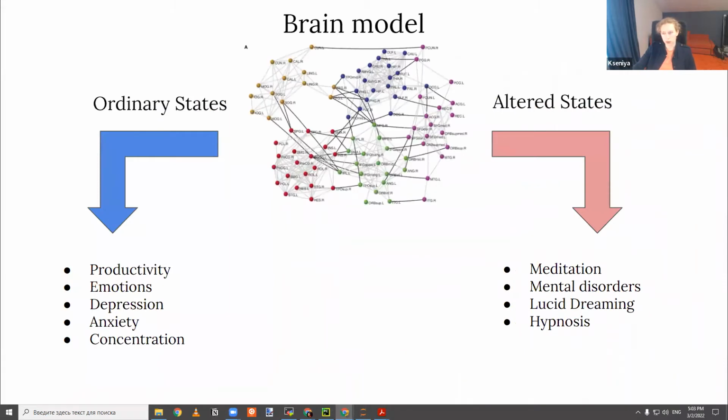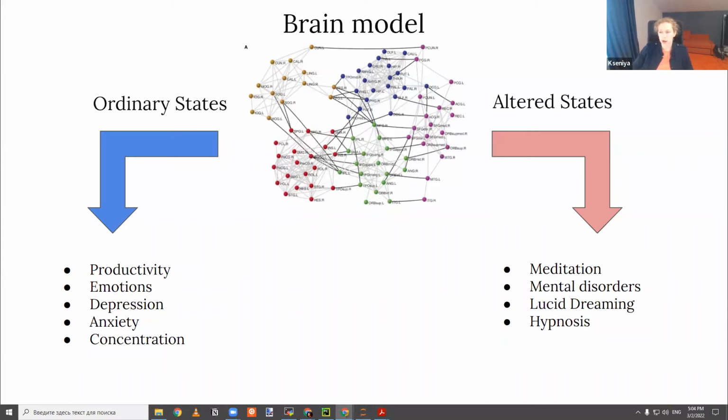So you probably know that now there are a lot of publications in neurosciences and cognitive sciences, and there is a huge amount of empirical knowledge and data about the brain. So you can find fMRI data, EEG data, and so on and so forth.